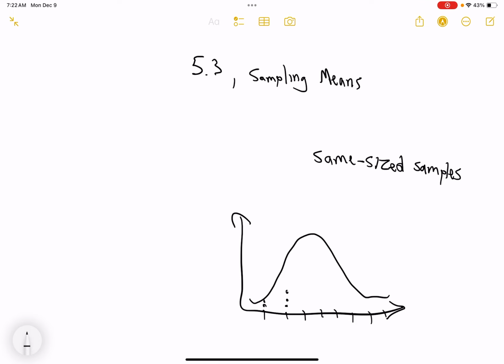And above them sit a bunch of dots, or histograms are normally used with quantitative data, aka the data we normally use with means. And those dots, each one of those dots might represent a sample size, n equals 30 or something like that. You give it a value. And each one of those is a sample of that amount, and then each one of them has a sample mean, okay?